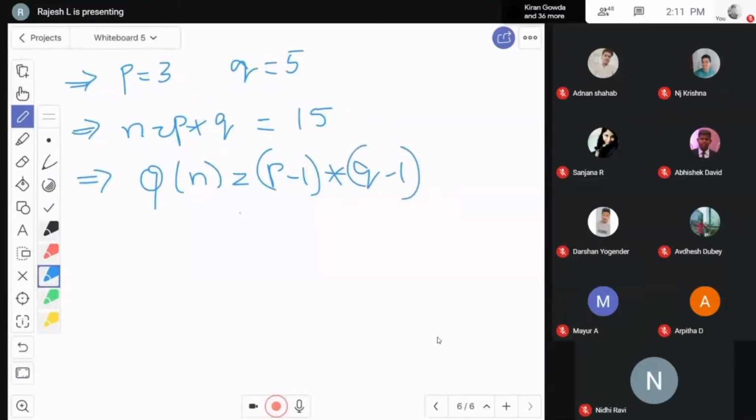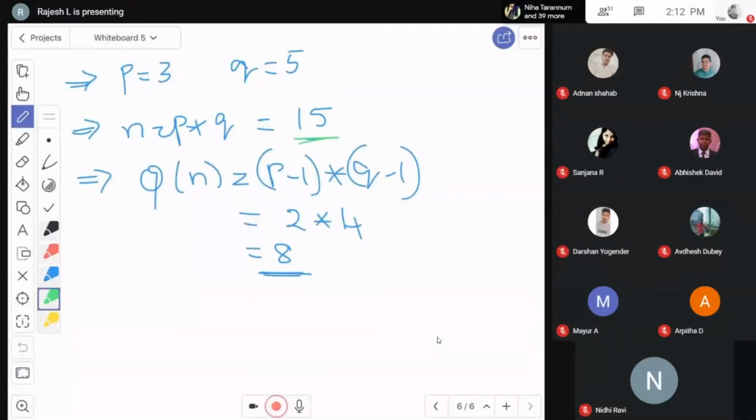P is 3, so 3 minus 1 is 2. 2 into (Q minus 1), Q is 5, so 5 minus 1 is 4. What will you get? 8. There are 8 Euler totient values generated for the given number 15.